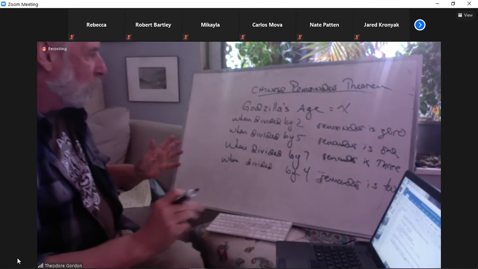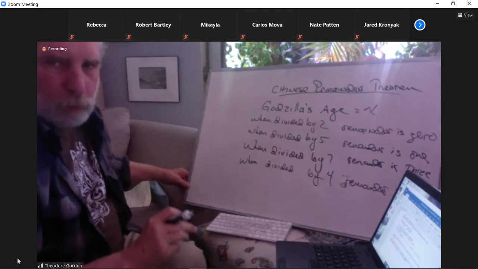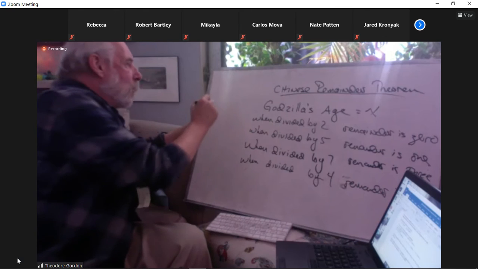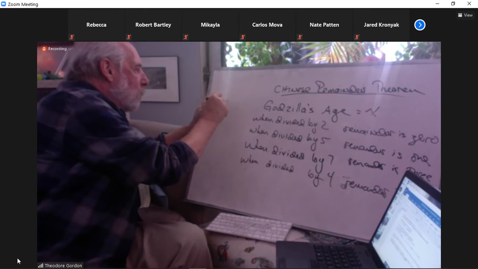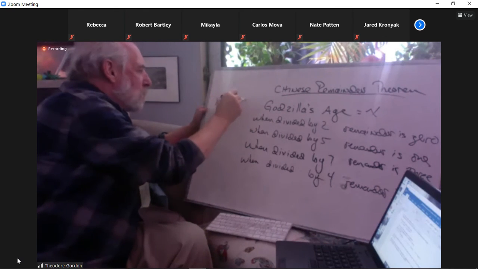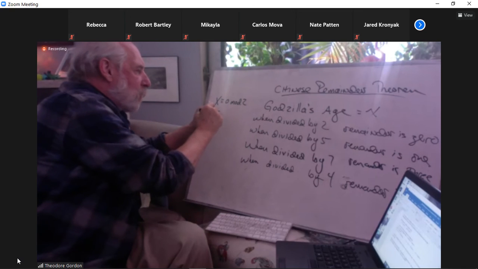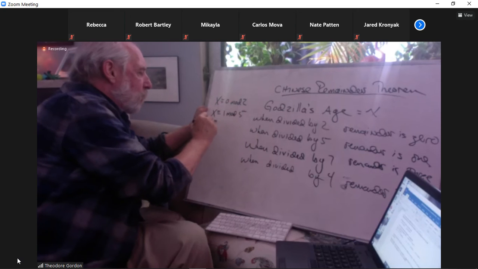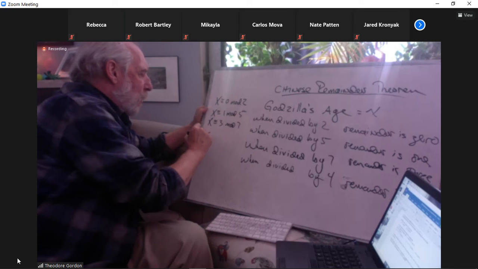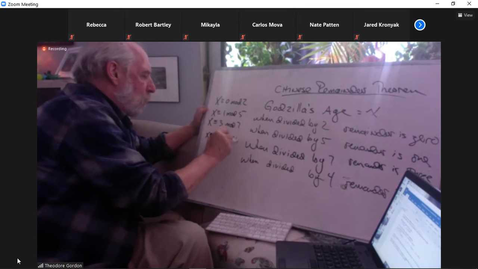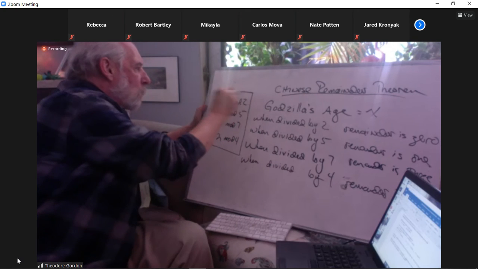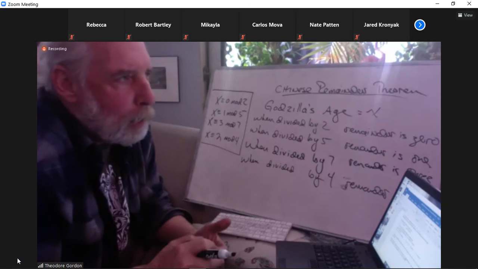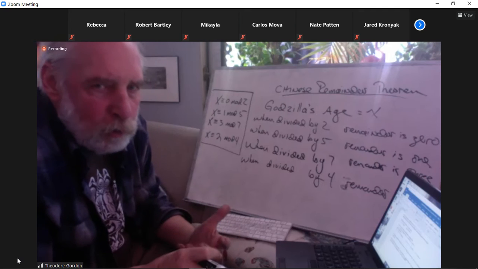So here's what this looks like as a modular system without the words. X is 0 mod 2, X is 1 mod 5, X is congruent to 3 mod 7, and X is congruent to 2 mod 4. So without the words, that's a system of modular congruences.